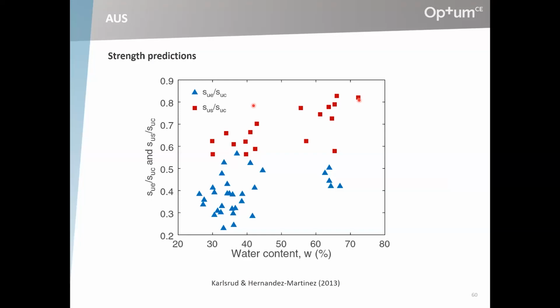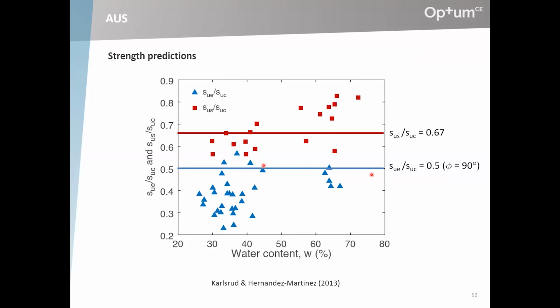You can see already that most of the extension to compression ratios are below 0.5, which is off limits to the generalized Tresca criterion. So the best we could do possibly is to say that it's 0.5. That corresponds to a friction angle of 90 degrees, which is not really all that credible sounding, and it would correspond to a simple shear to compression ratio of 2/3.